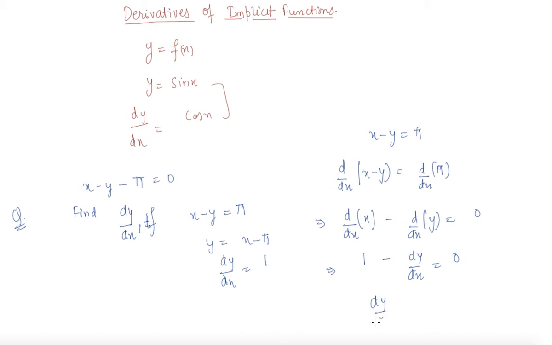So dy by dx comes out to be 1 from here also. This is somewhat a different approach, where we need to find the derivatives of implicit functions.